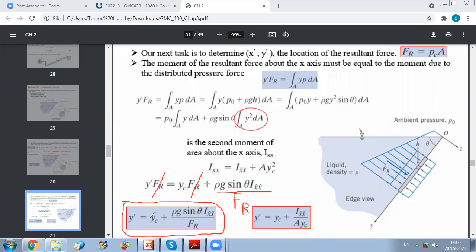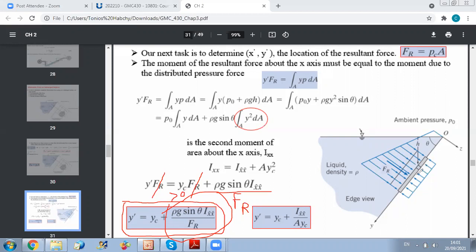Why? Because look, rho g sine theta is a positive term, and theta is smaller than 90. So rho g sine theta times inertia over FR is positive. And even if theta is larger than 90, you know that for theta between 0 and 180, sine is positive. So for any angle I consider, this is a positive term.